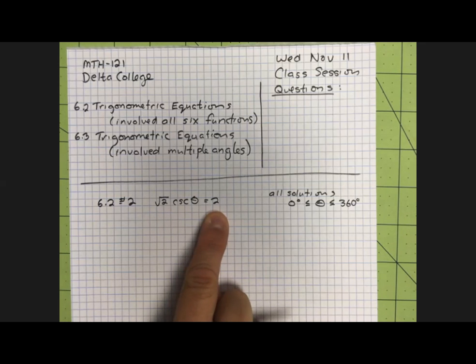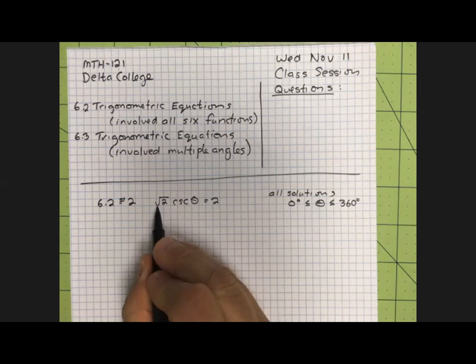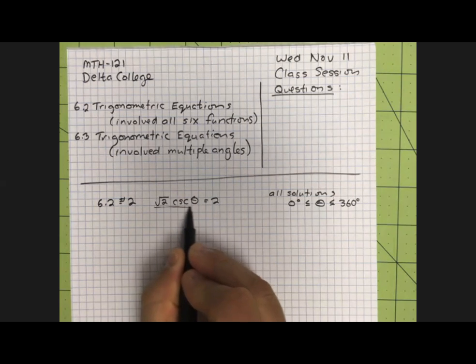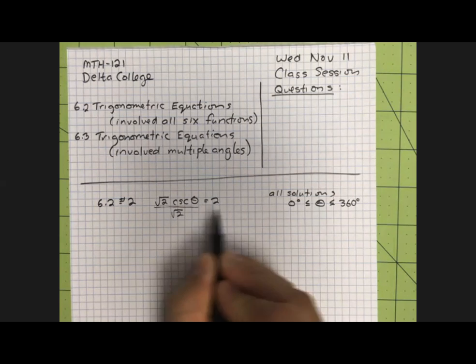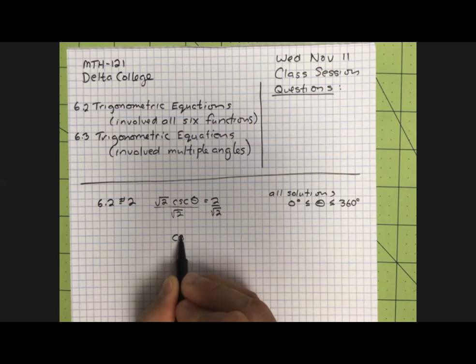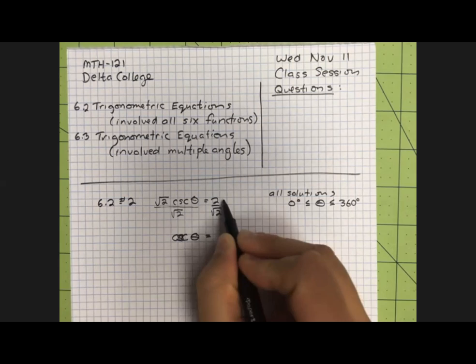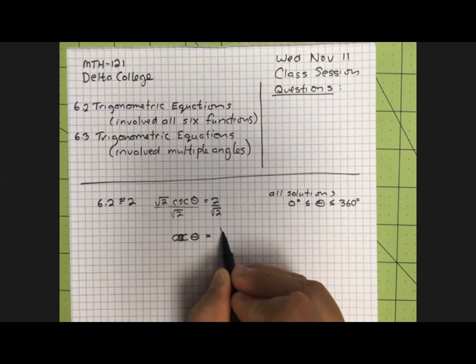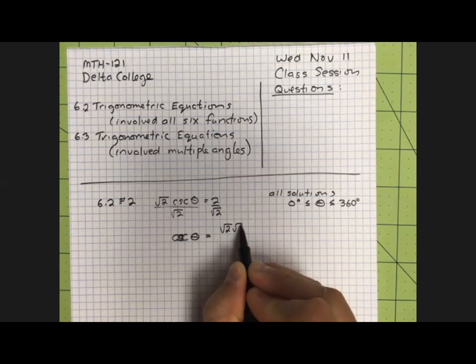Let's find out what cosecant is, then let's find out what theta is. So if I divide both sides by the square root of 2, I can simplify this right-hand side. You could literally think of 2 as root 2 times root 2.